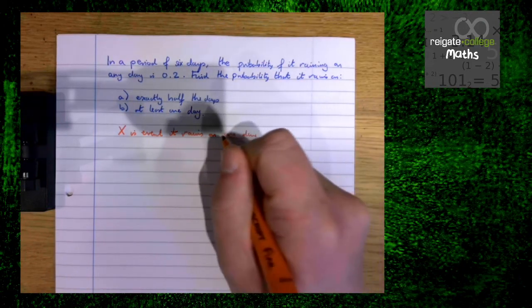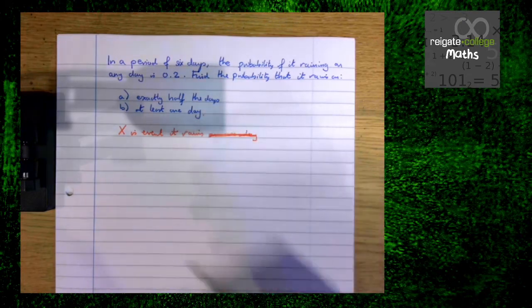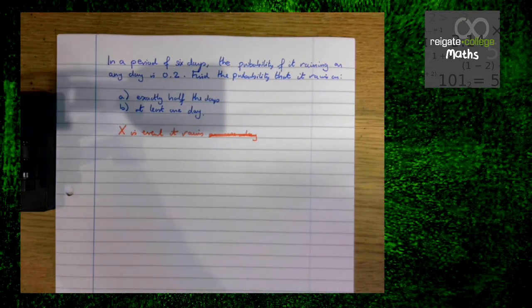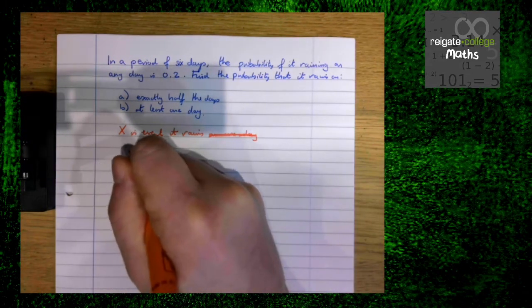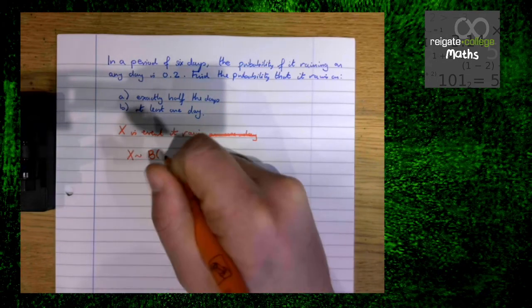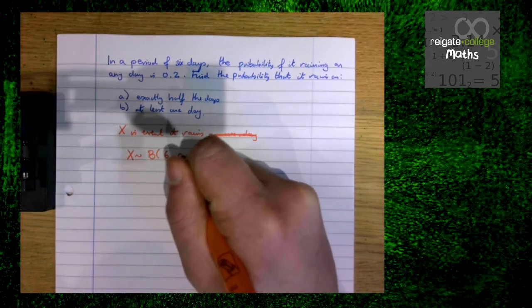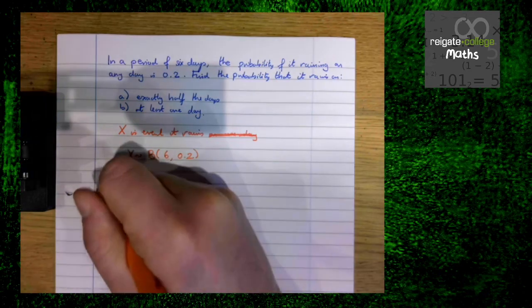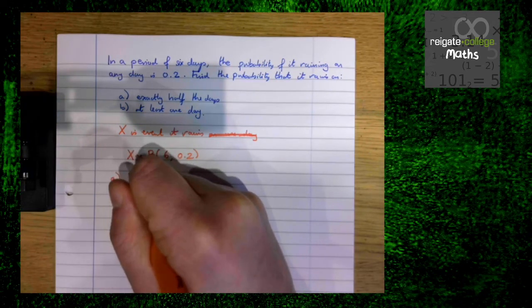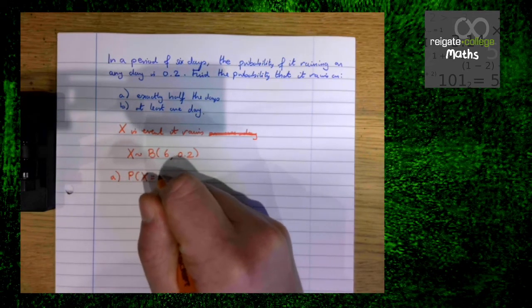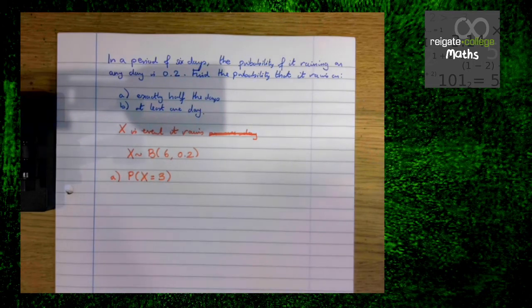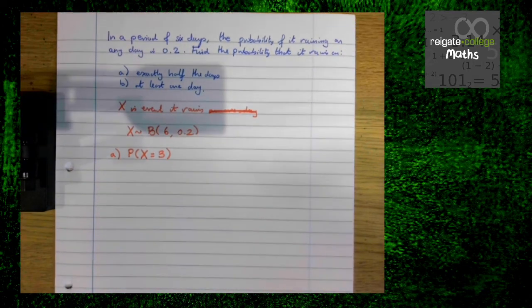Just keep it simple. So we know x is distributed binomially with 6 trials and probability of success 0.2. So we are finding the probability that x is exactly 3 because half of the days, x is 3.